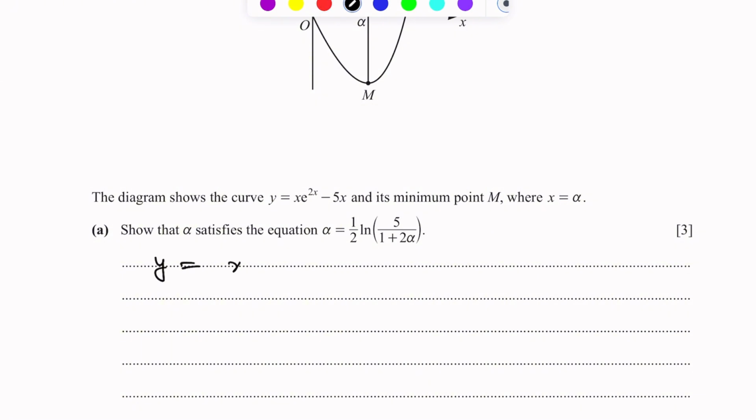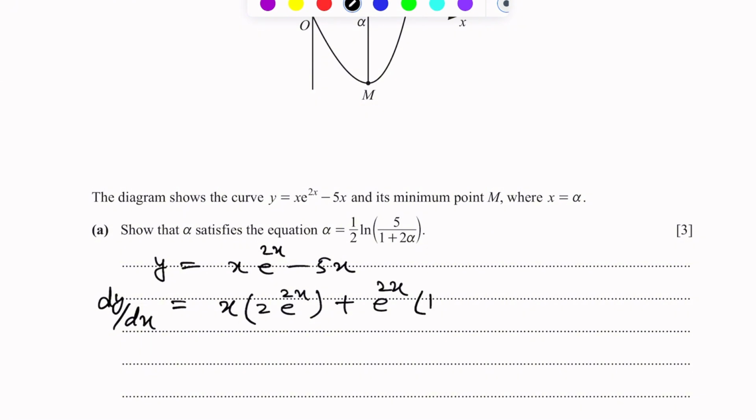y is equal to x e power 2x minus 5x. This is the equation of the curve. Differentiating with respect to x. In the first term, we will apply the product rule: x times the derivative of e power 2x, which is 2e power 2x, plus e power 2x times the derivative of x, which is 1.